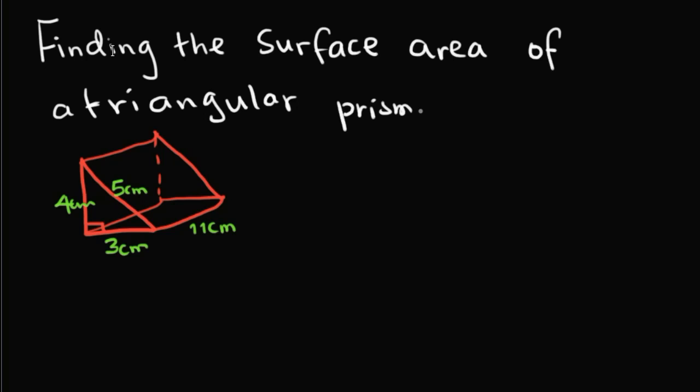So let's plug in our formula, which is AB plus (A plus B plus C) into height. Let's assume that this is A, this is B, this is C, and this is H.